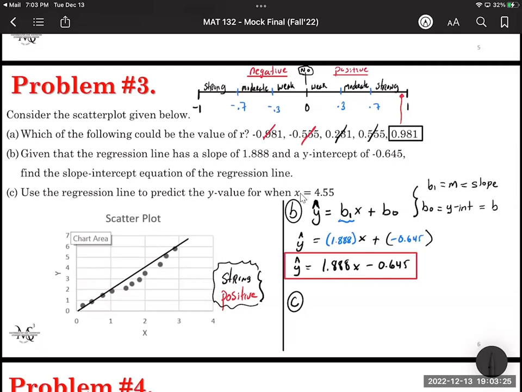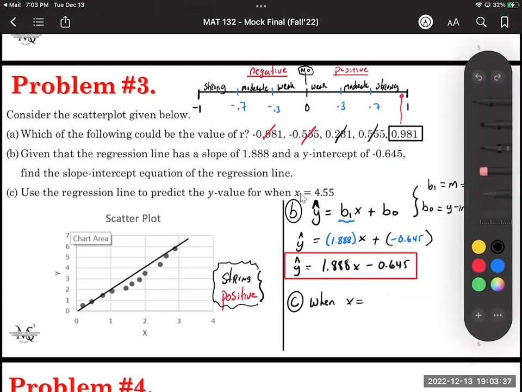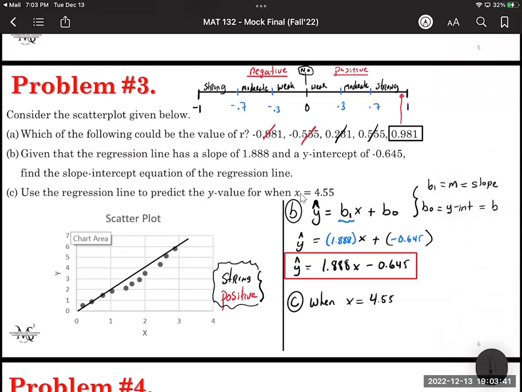You plug in this value of x to make a prediction and figure out what the y value would be. X was 4.55. I plug that into my equation and solve for y hat. So we get 1.888 times 4.55 minus 0.645.